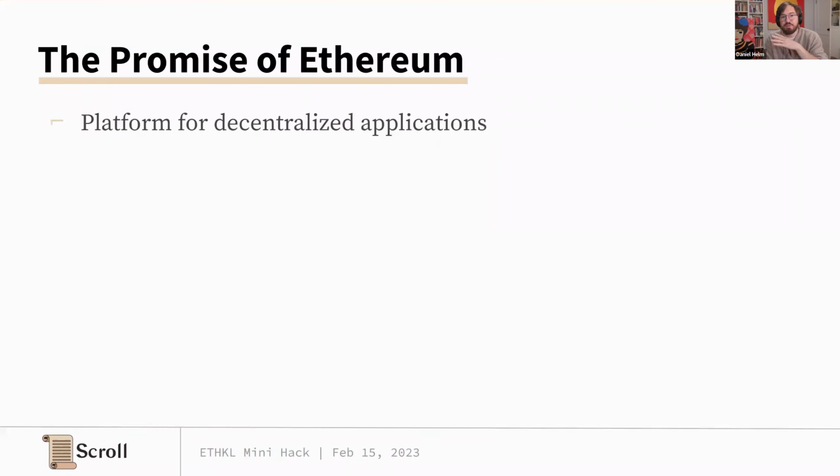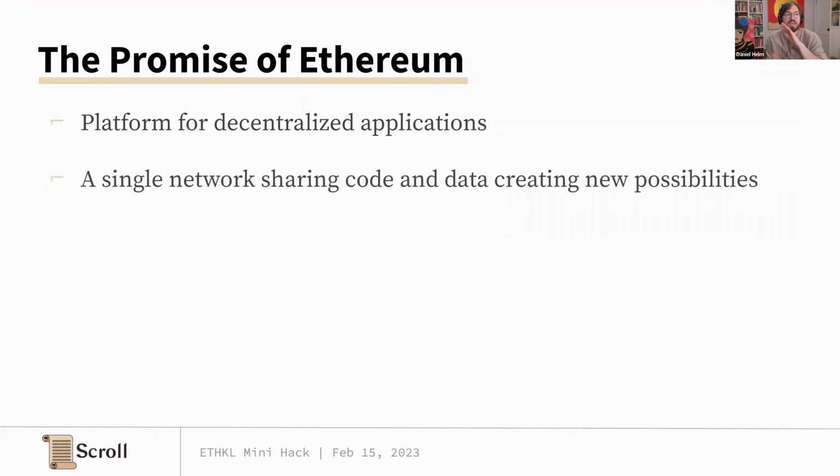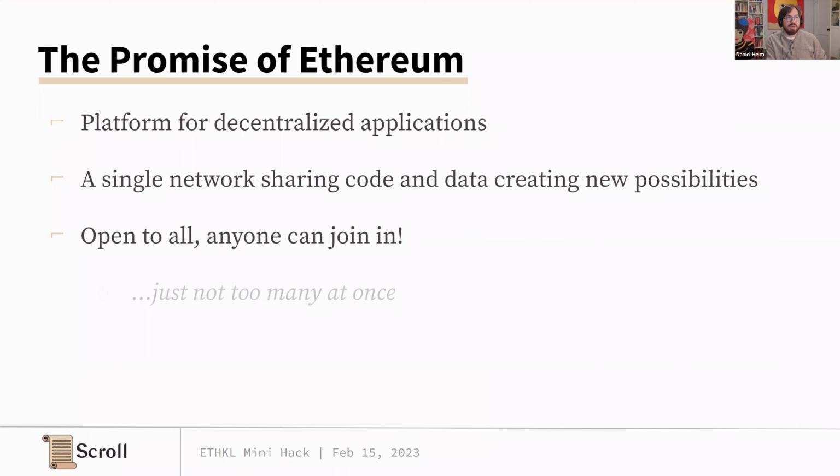We've got a platform for decentralized applications. It's like a single network where we can share code and data. We can create all these new possibilities in code where we can solve consensus problems. It's open to everyone. Anyone can join in, right? This is the promise of Ethereum. And anyone can join in, just not too many people at once, right?